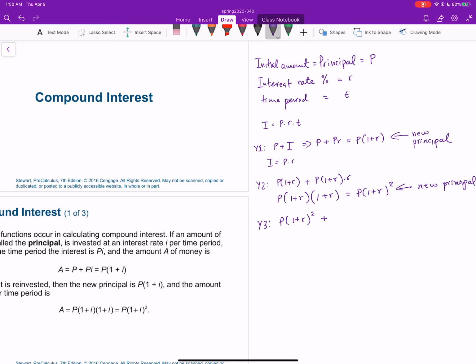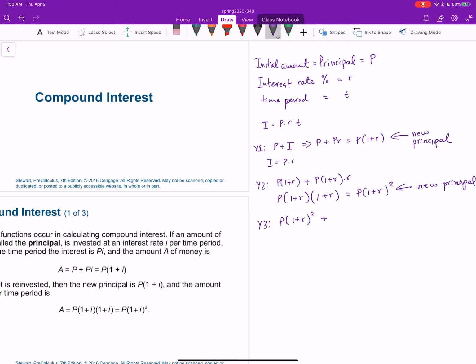So I think we've made a case now. Let's see what's going on. If I look at year one, I end up with this expression, P times (1 + R). In year two, I got P times (1 + R) squared. In year three, I'm getting P times (1 + R) cubed.